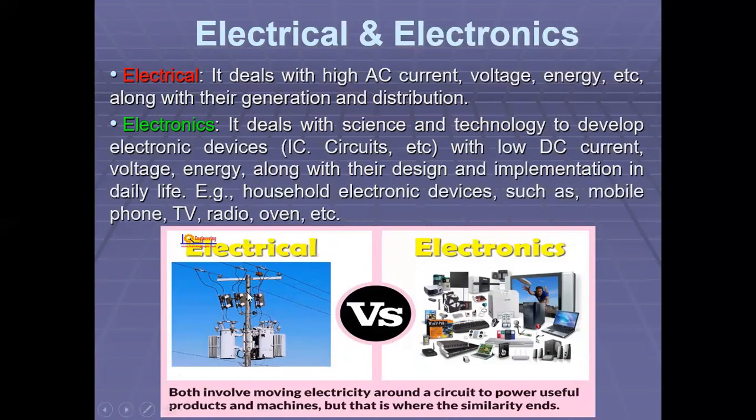Whereas electrical refers to huge devices of electrical current, generation of voltage sources and distribution. So we can see the difference between electrical and electronics. They seem similar, but they are quite different.